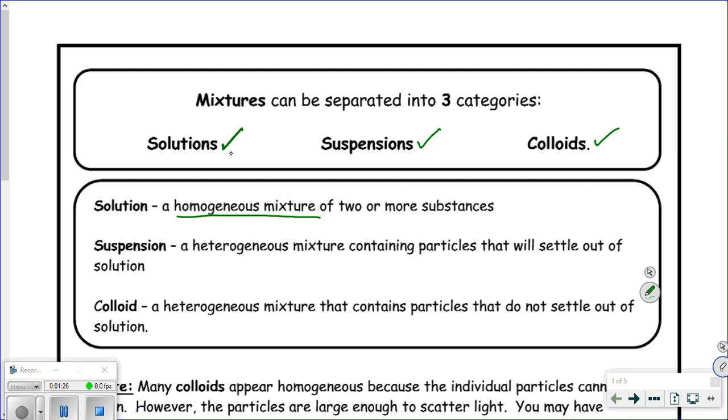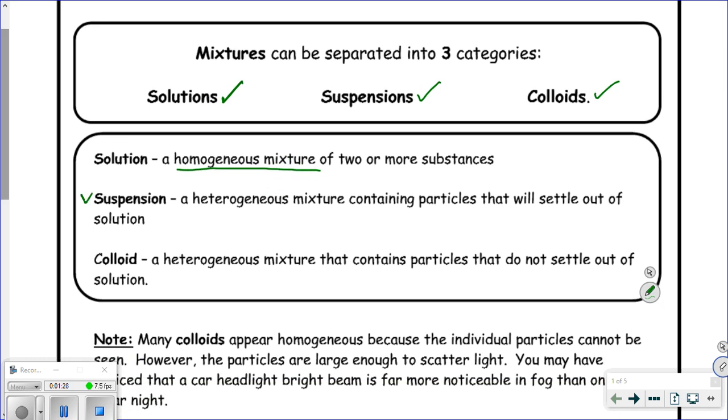So the first one I'm going to go over is a suspension, okay? And that is a heterogeneous mixture technically. Now a suspension, when you shake it up, looks like a homogeneous mixture, but over time, it will settle out. For instance, I know you've taken it before, it was a really nasty pink antibiotic you probably took when you were younger.